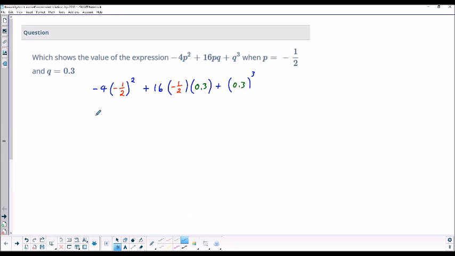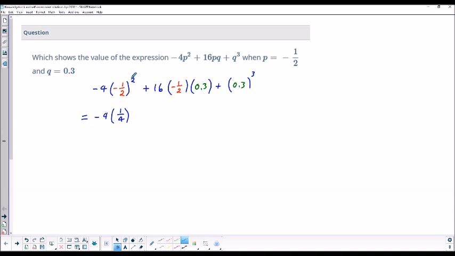Okay. So now we have to follow GEDMAS and do all the order of operations. So here I'm just going to calculate that -1/2 squared. Well, -1/2 squared we know is -1/2 multiplied by -1/2. So the result is a quarter, and a negative multiplied by a negative is positive.